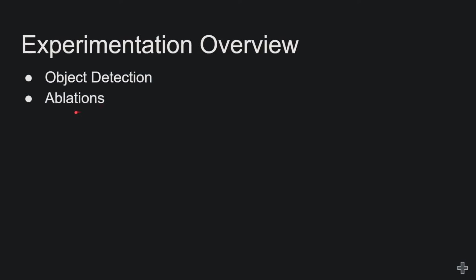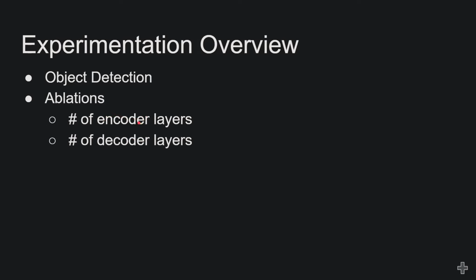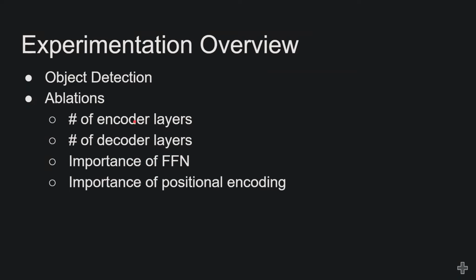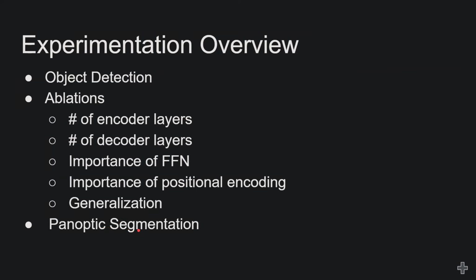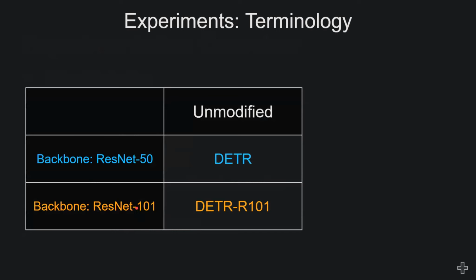Then I'll talk about the set of small ablations experiments, including varying the number of encoder layers, varying the number of decoder layers, removing the feed-forward network, passing the positional encoding once at decoder input versus adding the queries at the decoder attention layer, generalization to an unseen number of instances, and finally, they extended their model to perform panoptic segmentation.